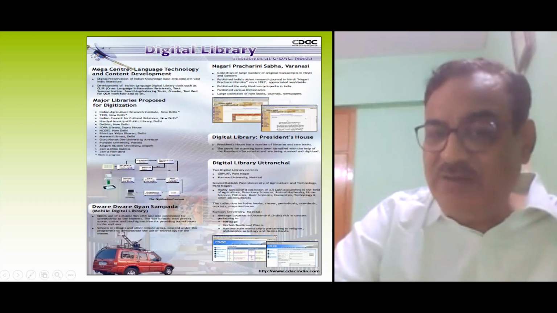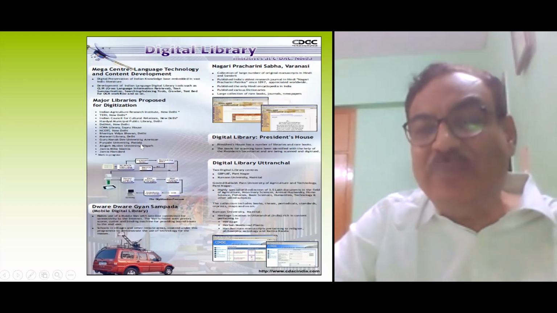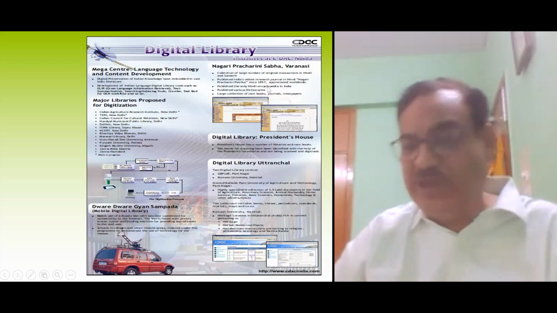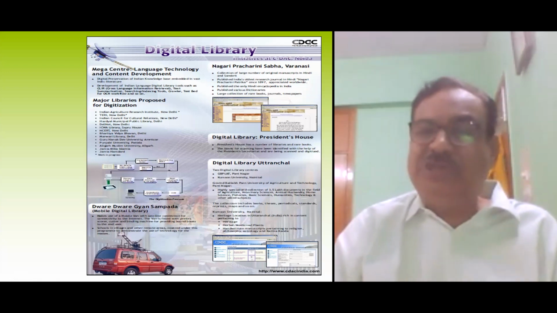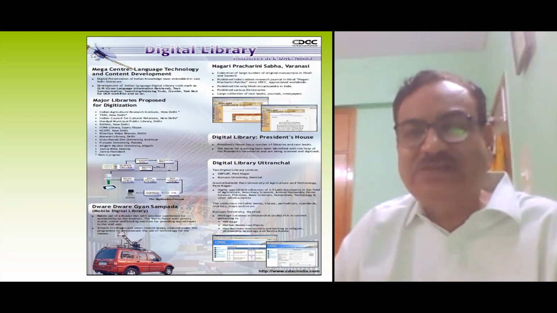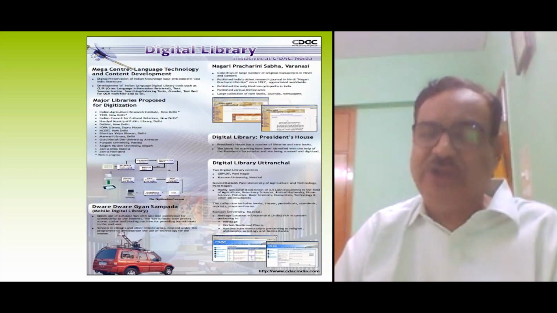This is a pamphlet. It shows a vehicle which moved around, and in this pamphlet we also mentioned the Nagari Pracharani Sabha. I would like to take half a minute to explain about it. Nagari Pracharani Sabha in Varanasi is the oldest library and research institute for literature.